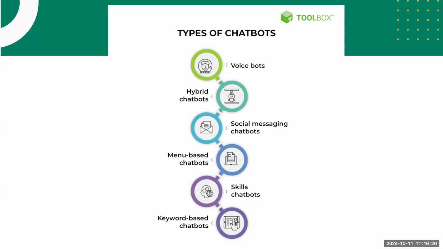They will refer you to a human if the query is something they can't answer. So there are a whole variety of these different types of chatbots. They may share an AI model in the background, but they will all appear different.